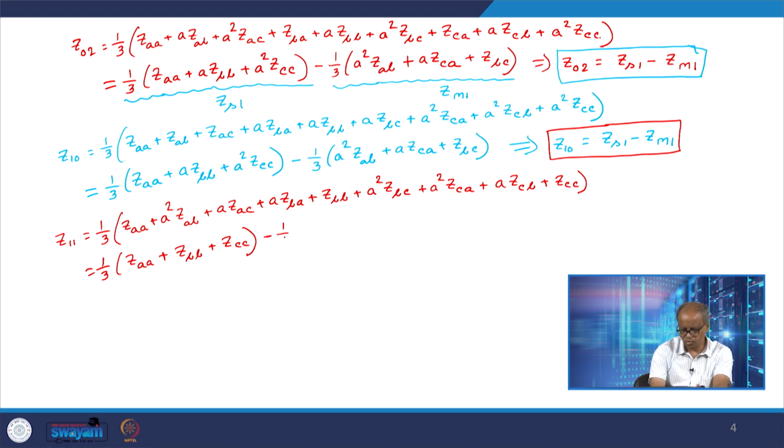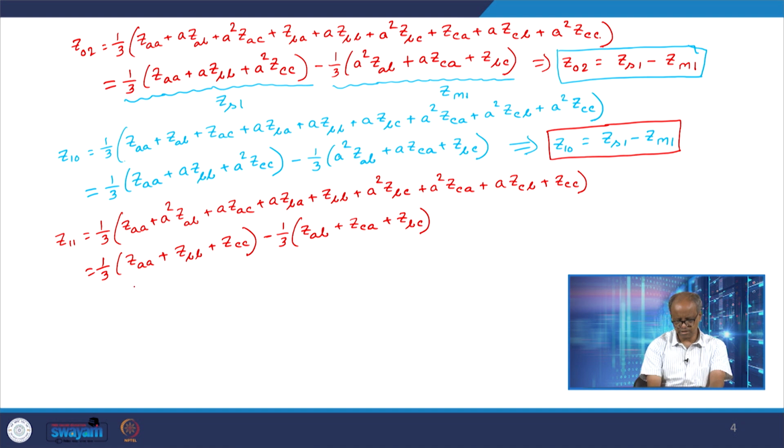So minus 1 by 3 ZAB, and then we have AZAC and A square ZCA means A square ZAC, A plus A square is minus 1. So plus ZCA, and then A square ZBC and AZBC, this is also ZBC.